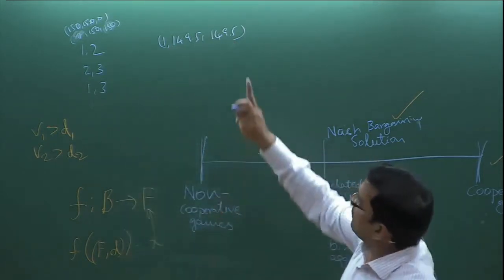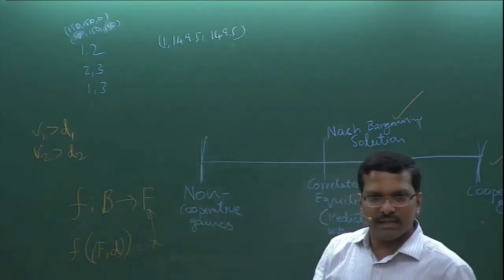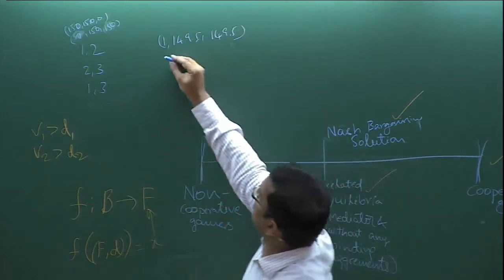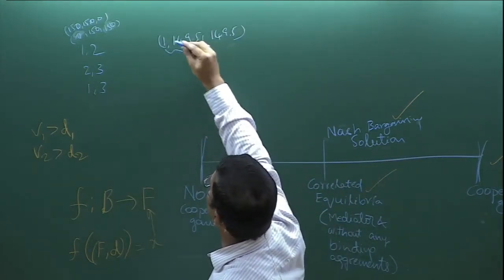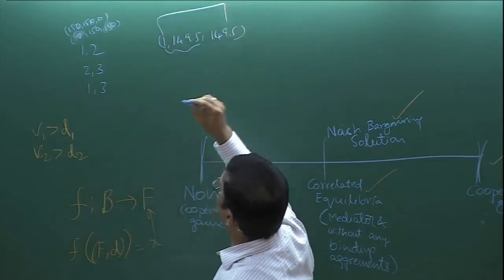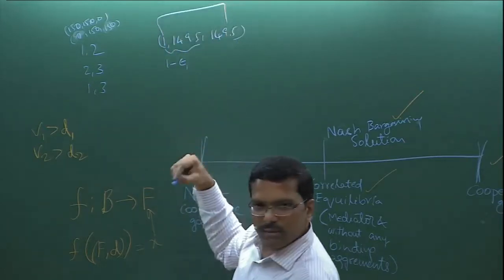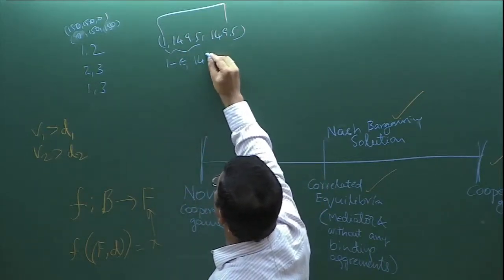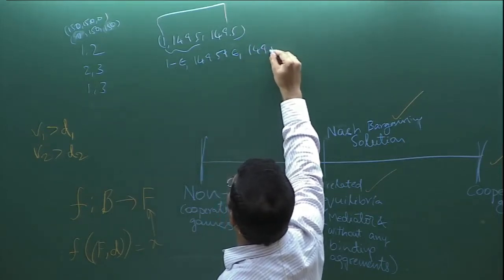Now if this is the allocation proposed by players 2 and 3 jointly, this will not be part of core, because player 1 can form a coalition with either player 2 or player 3 in such a way that he says, okay, I will propose 1 minus epsilon. Suppose he forms a team with this, so 149.5 plus epsilon and 149.5.